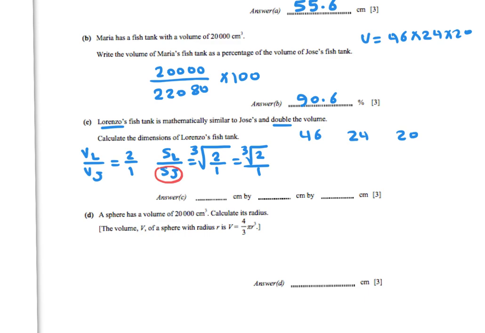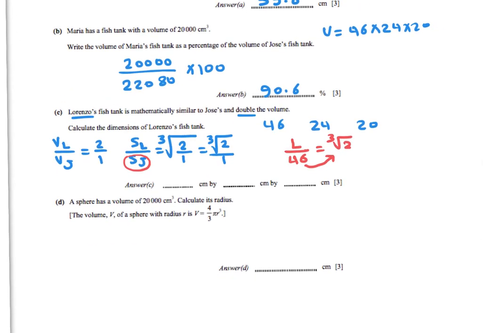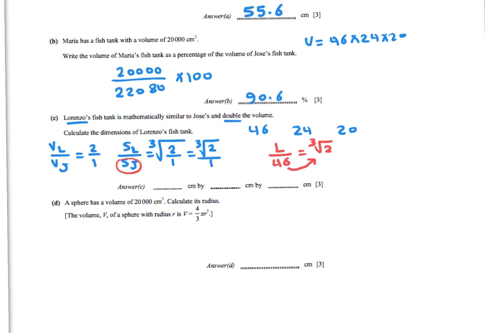So for example, if I need the length for Lorenzo over the length for Joe, which is 46, equals the cube root of 2. So 46 goes to the other side to find the length. 46 multiply cube root of 2 is 57.9.